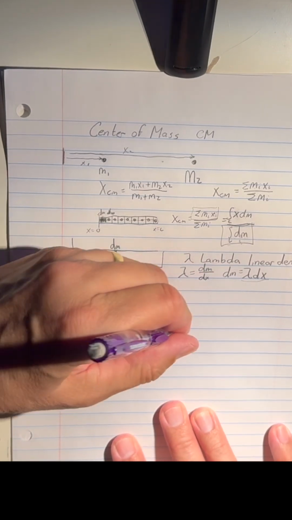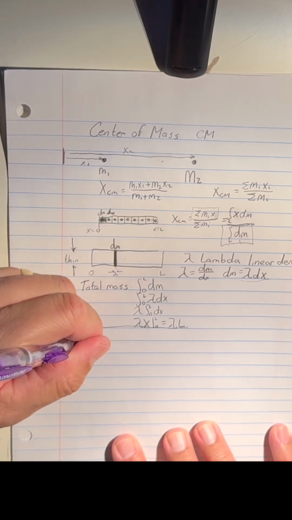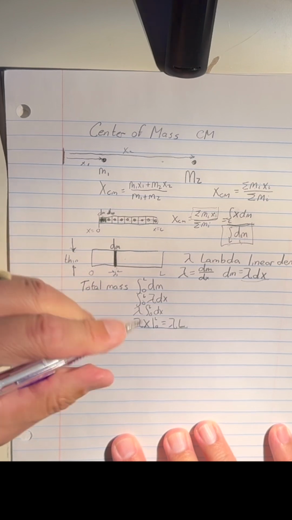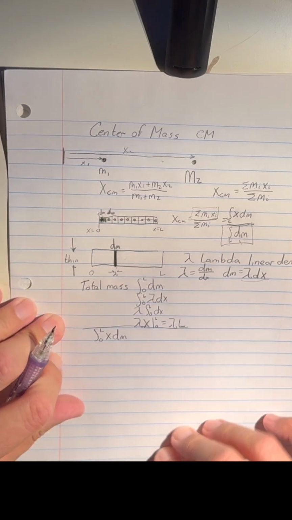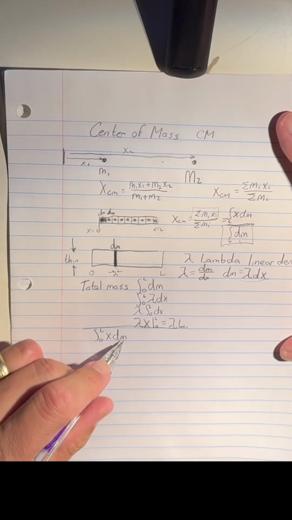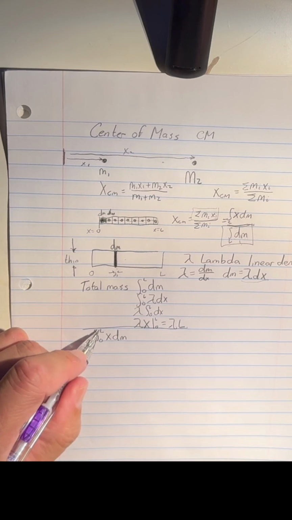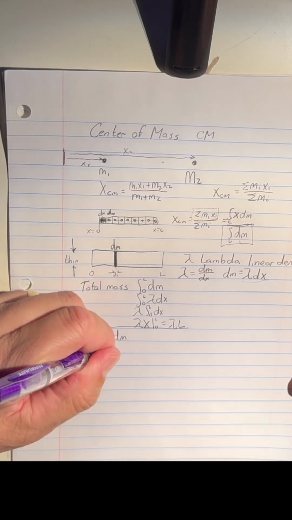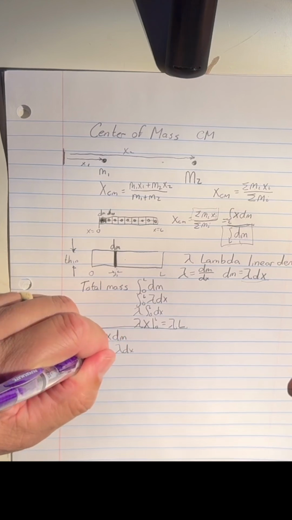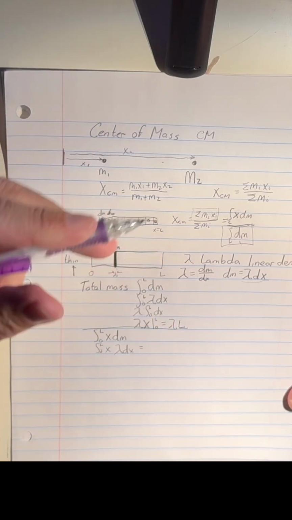So now let's find the integral from 0 to L of x times dm. And again, I'm going to substitute in for the dm. Since I'm integrating across x, across that distance, I need this in terms of a dx. Well, that's just lambda dx, 0 to L. And I'm just going to go straight across here.